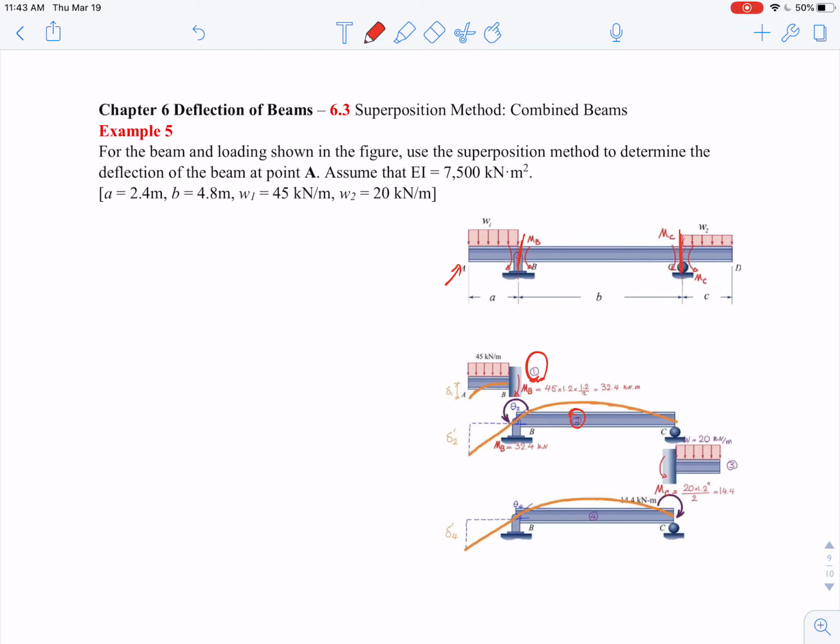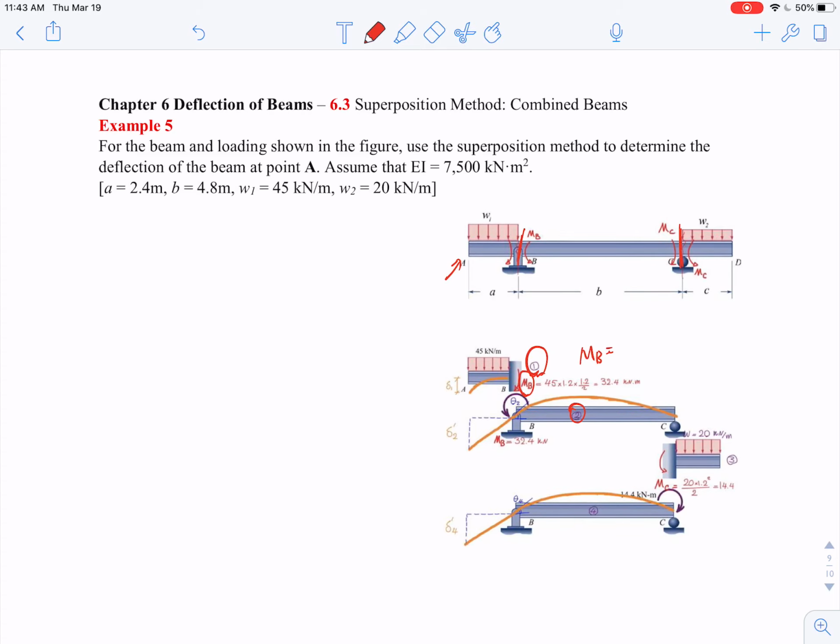Let's name it MB. This MB can be calculated, which is equivalent to the distributed load concentrated to here.